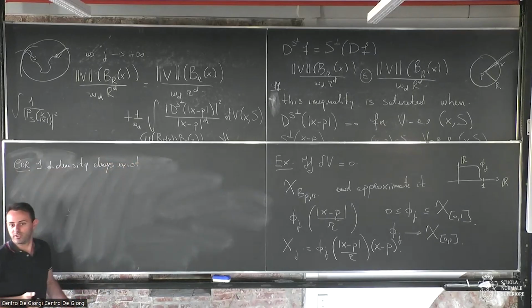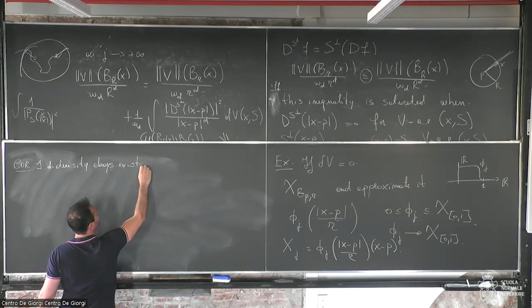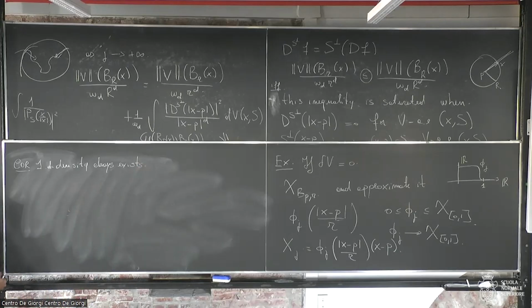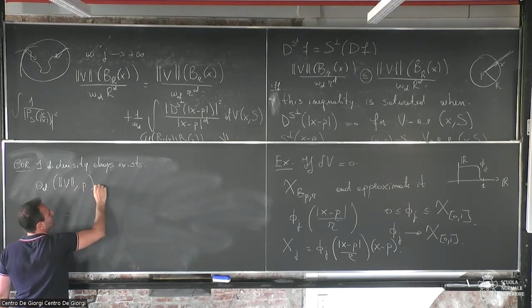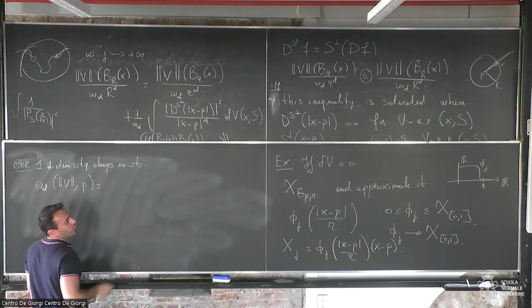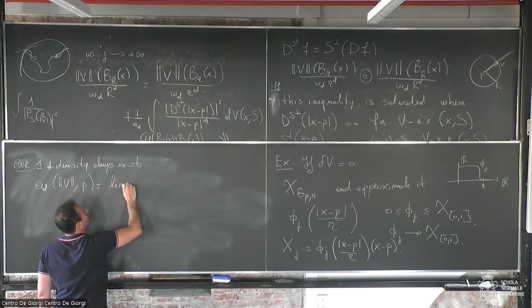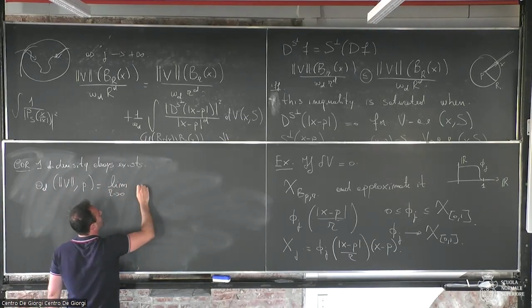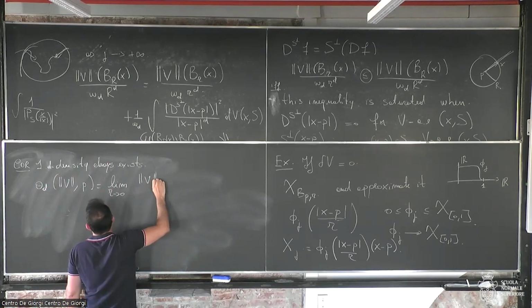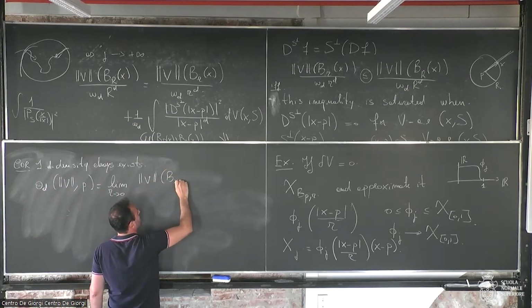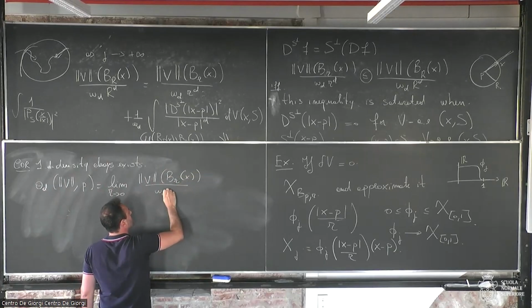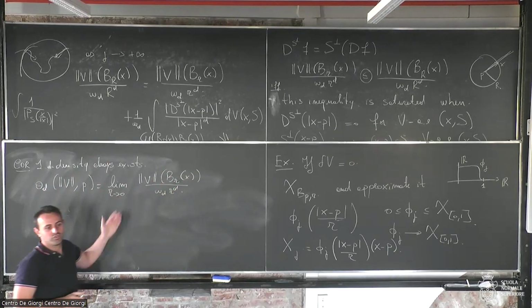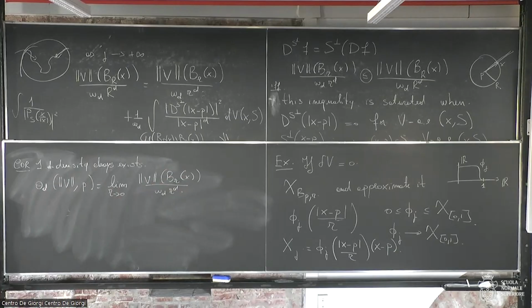And this is an obvious fact, because remember that the density of the mass of your varifold at the point is just the limit as r goes to 0 of the density ratio. So here there is not much to say. You have a monotone function and the density exists.